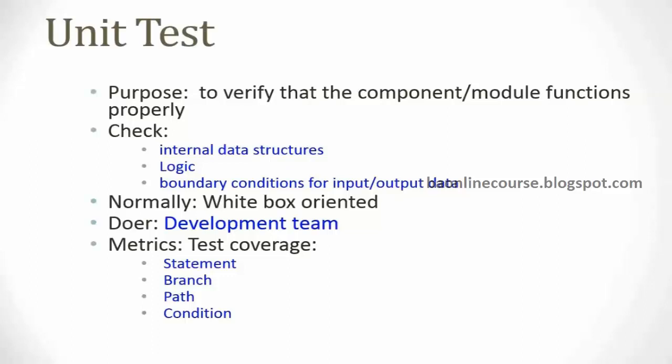So that's the first level of testing which happens. So if an application or a system has some 100 programs in it, it could be written by some 10 programmers, each one writing 10 programs, right? Each program is looked at individually and checked whether it's working correctly or not. So that is the scope of unit testing.